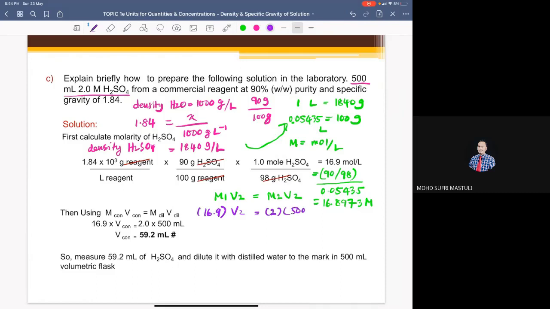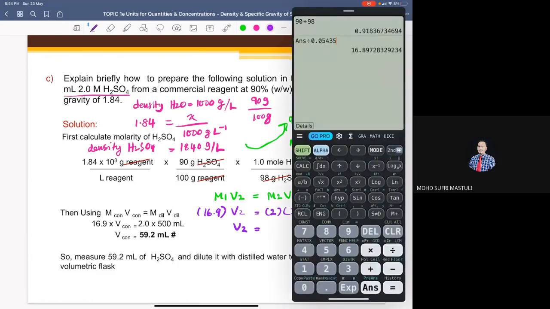So you can get the V2: 500 times 2 over 16.9.